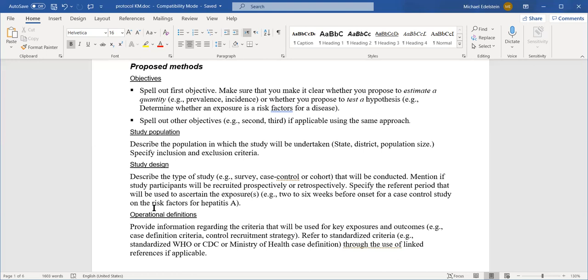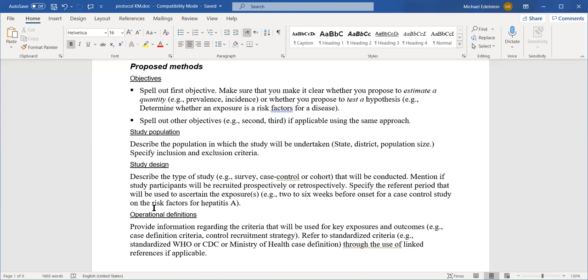From the verb you use, it should be clear whether you're using a quantitative or a qualitative approach, whether you have two groups, whether you're comparing, whether you're just counting. And that's kind of the objective part. So you could choose to do aims and objectives, or objective and steps, which is kind of the same thing.